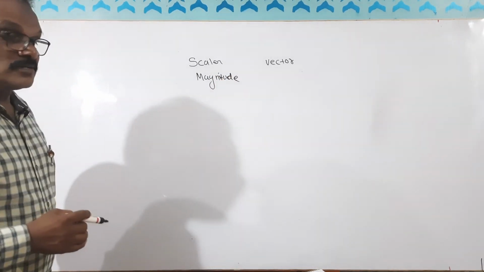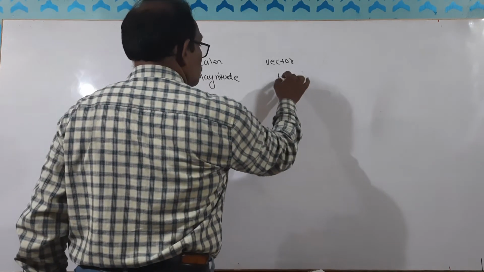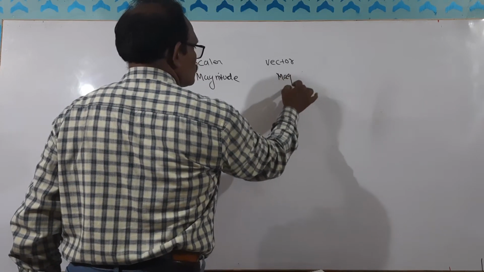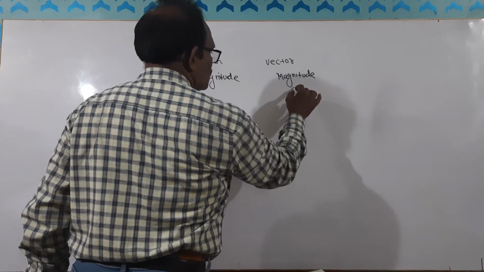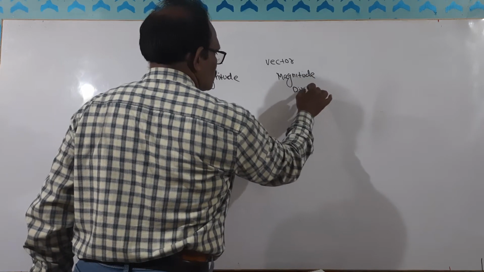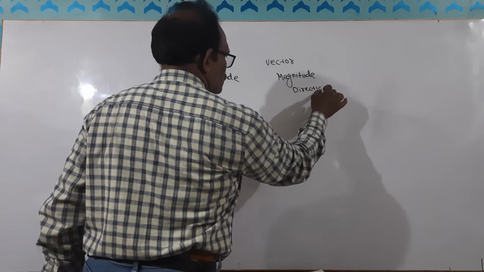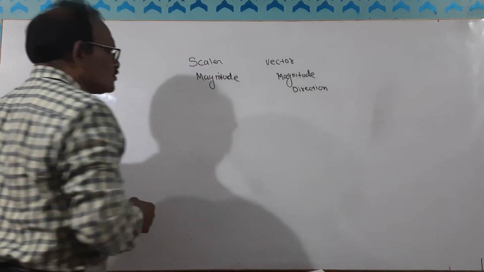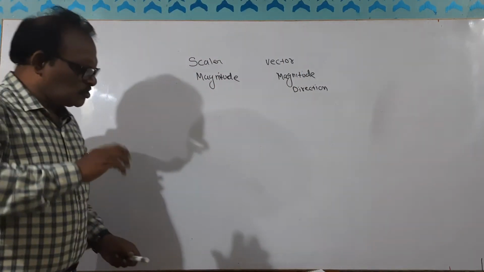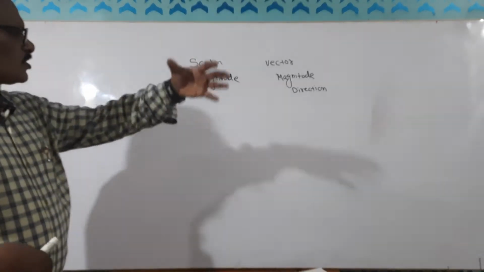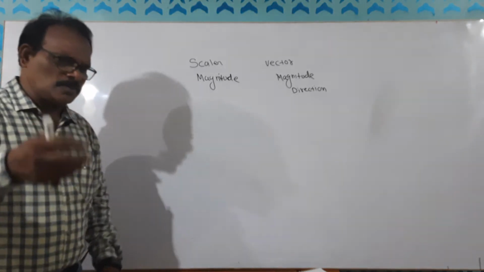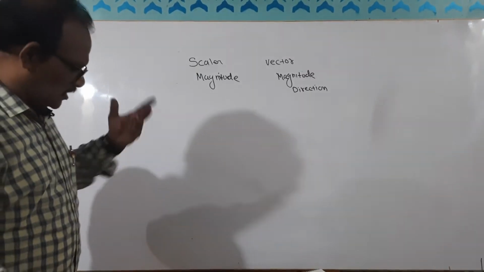And vector, we have both magnitude as well as direction. Now let me explain more elaborately, so that you will be clear about what is scalar and what is vector. Scalar.